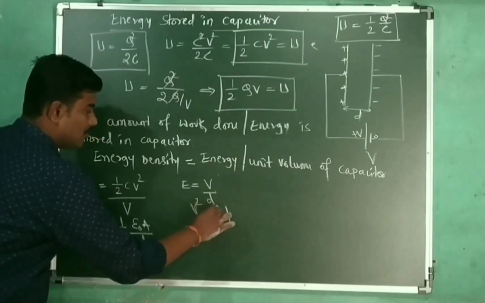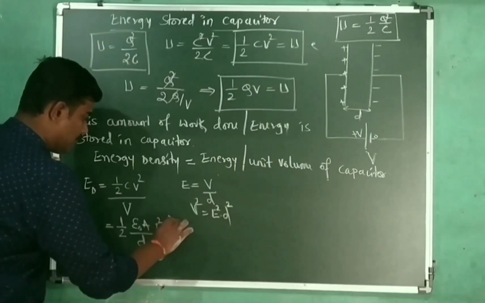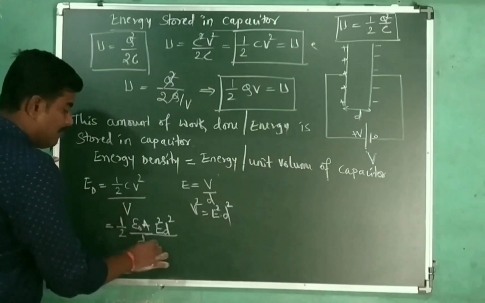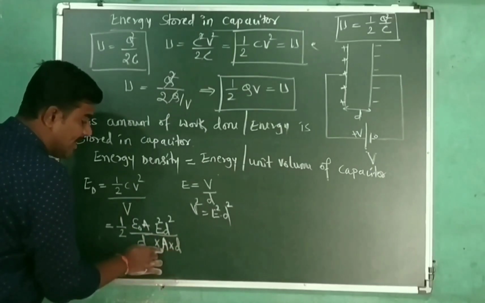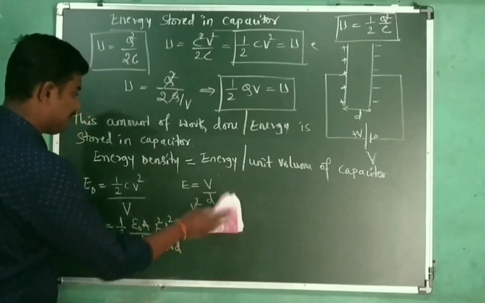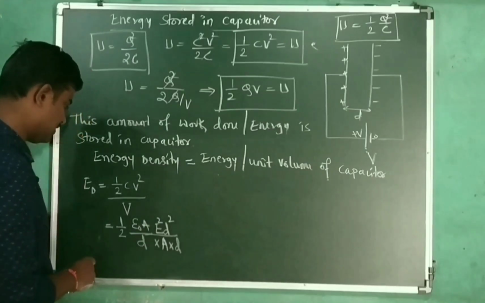V square is equal to E square into D square. I can write it as E square D square. V is volume, and volume I can write as A into D, where A is the area of the plate and D is the distance between the plates. See what all cancels.